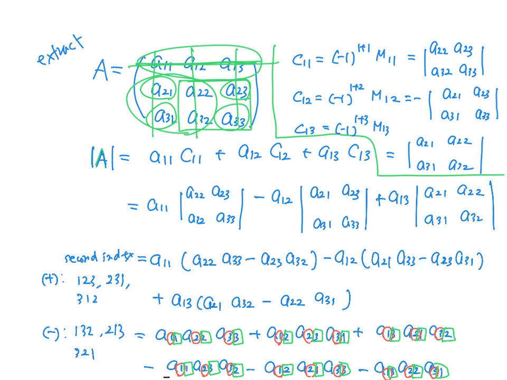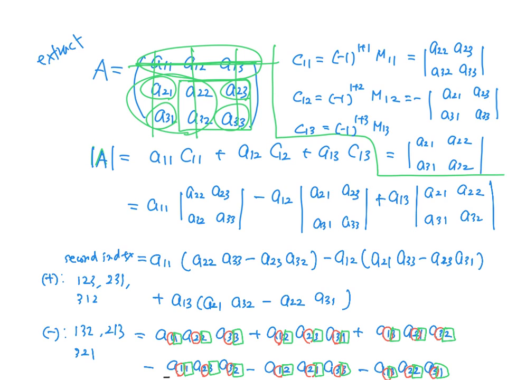If you interchange 2 and 3, then you have 1, 3, 2, right? And then you interchange 1 and 3 in 1, 3, 2, then you have 3, 1, 2. So you interchange the neighboring numbers twice from 1, 2, 3, then you obtain this whole family list.